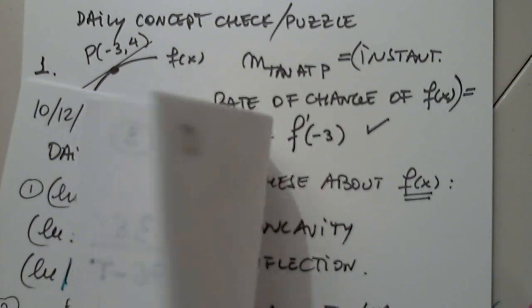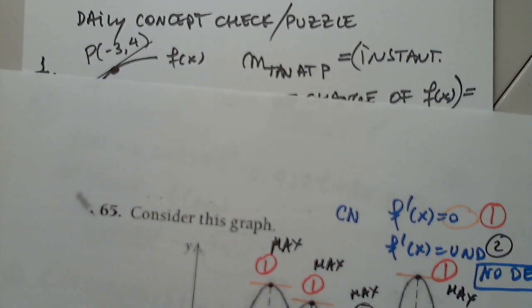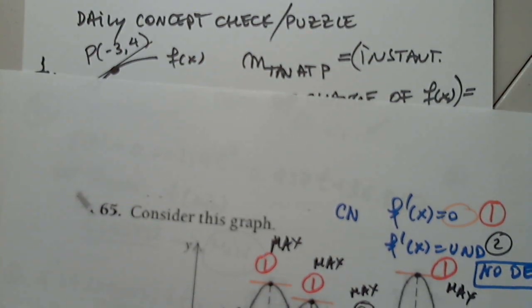Okay, let's go back. The function is not differentiable at this point, but it has a minimum, as long as the function is continuous and it exists there, in other words. Here, the function is not differentiable. F prime is undefined.